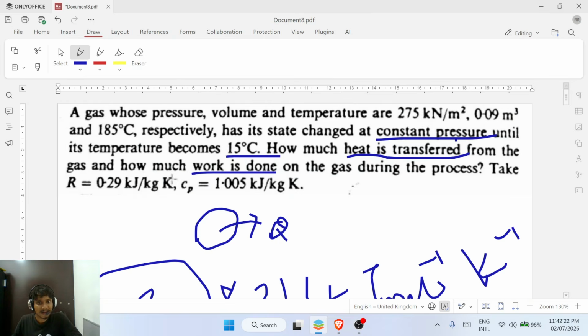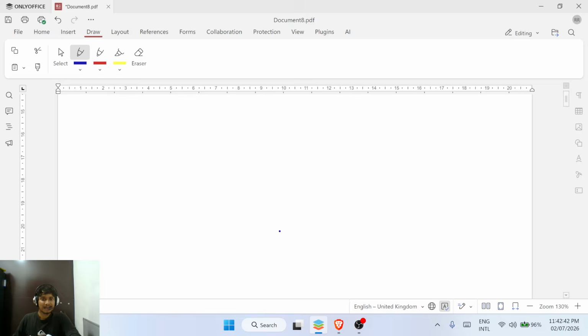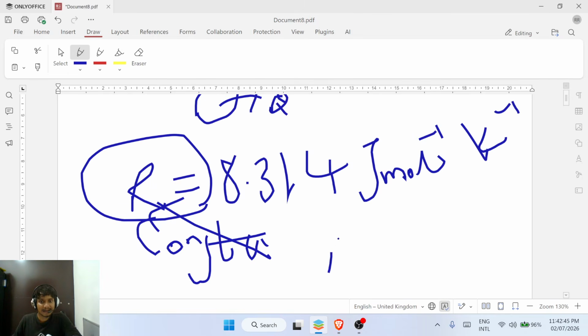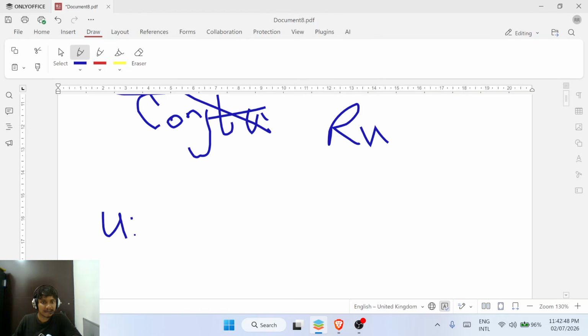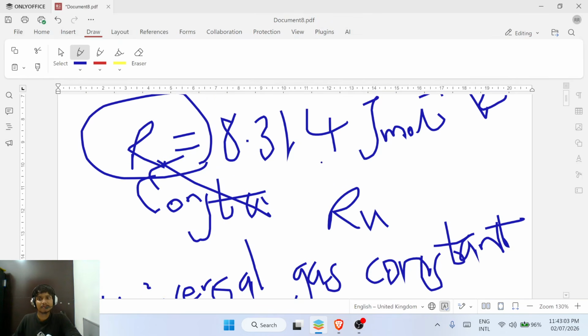But here the question says that R is equal to 0.29 kilojoule per kilogram per Kelvin. The units here are joule kilogram minus 1 Kelvin minus 1, while the other is joule mole minus 1 Kelvin minus 1, because that one is universal. This is RU, where RU means universal gas constant, which is equal to 8.314 joule mole minus 1 Kelvin minus 1.